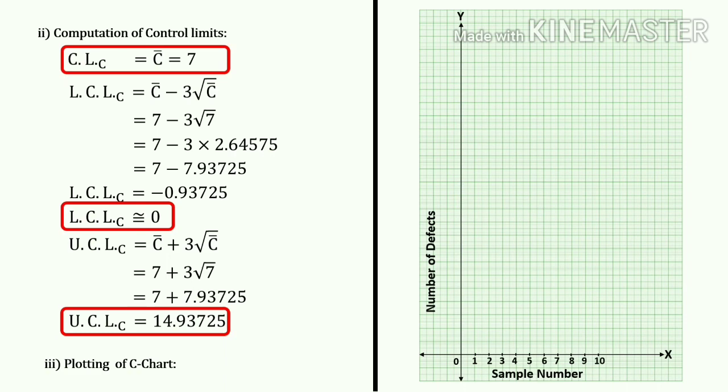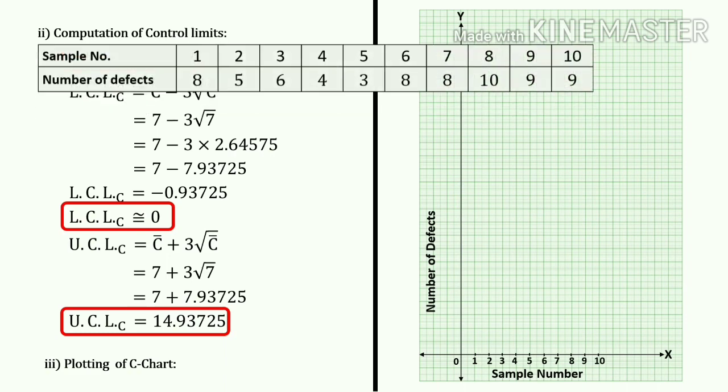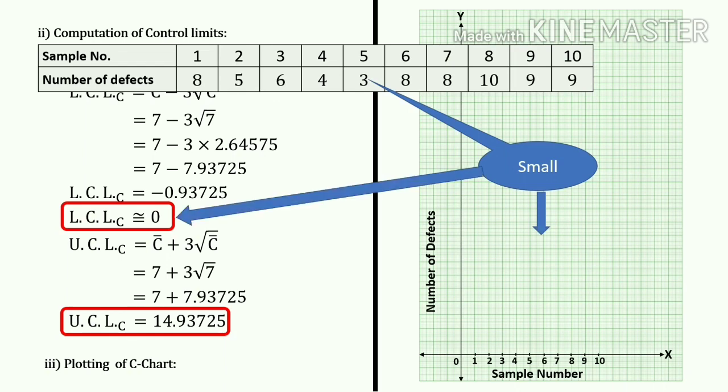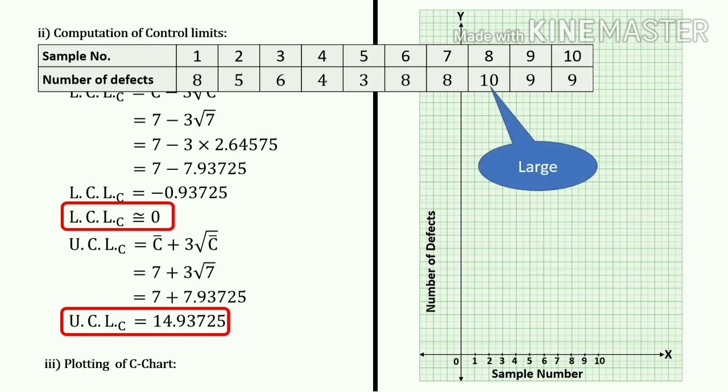Now decide the limits on the y axis. We have to consider the actual data and the lower and upper control limits. In the actual data, the smallest value is 3 and the lower control limit is 0. The smallest among these two is 0. In the data, 10 is the largest number of defects and the upper control limit is 14.93725.